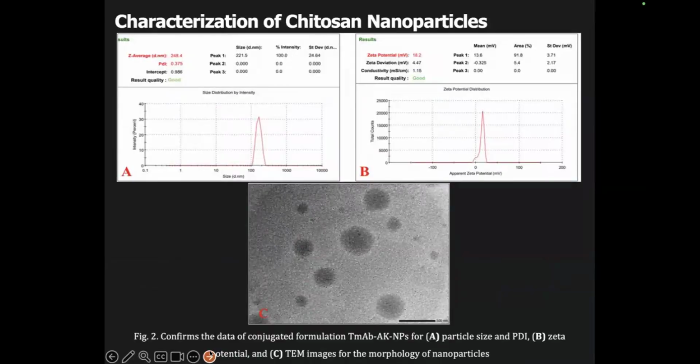Characterization of chitosan nanoparticle, including the particle size, zeta potential, and PDI. So the final conjugated nanoparticle was found to be around 248 nanometer in size, PDI 0.375, zeta potential of about plus 18.2 due to the positive charge of chitosan. The third diagram shows the transmission electron microscopy of the functionalized nanoparticles.